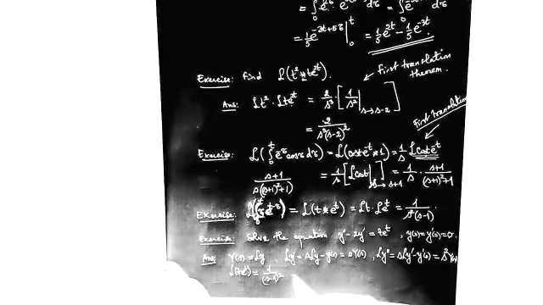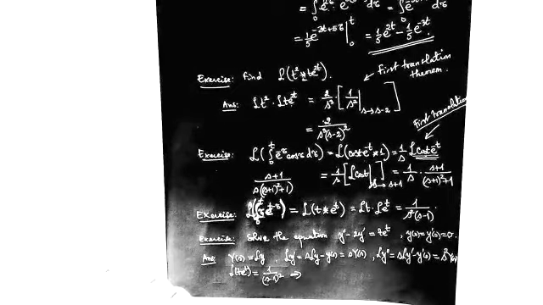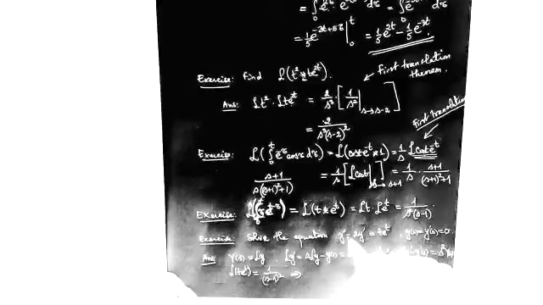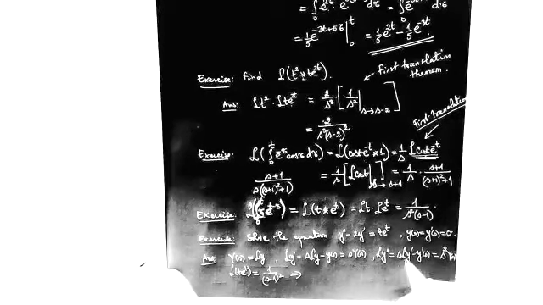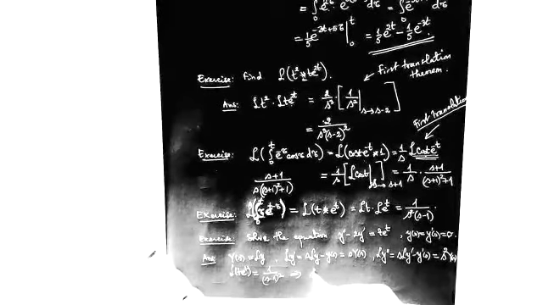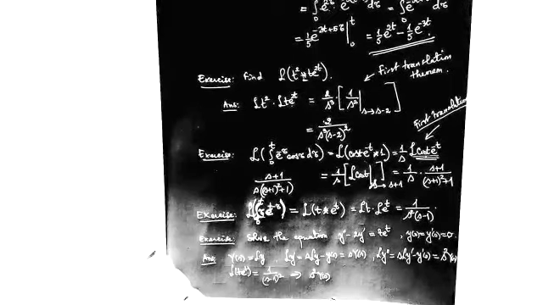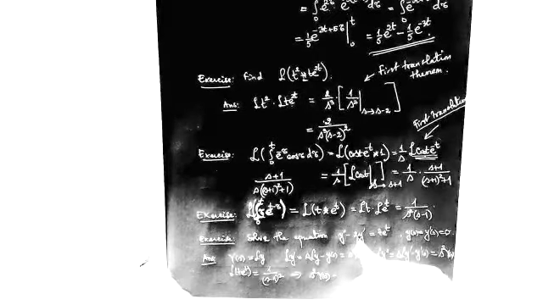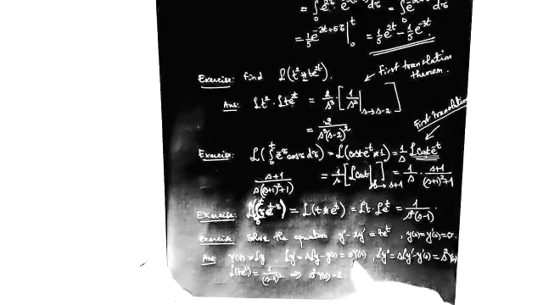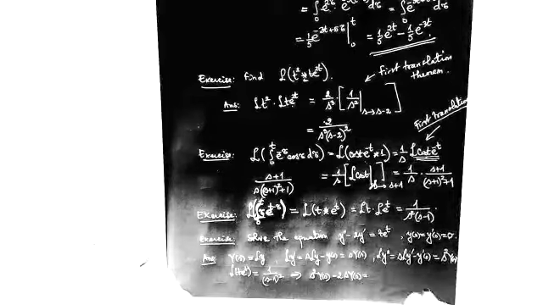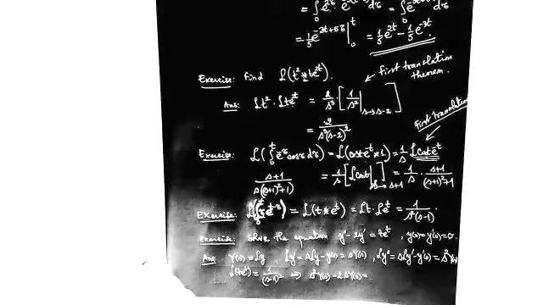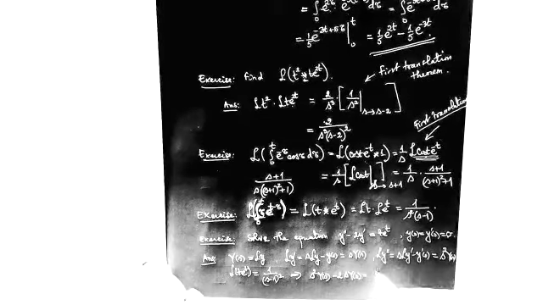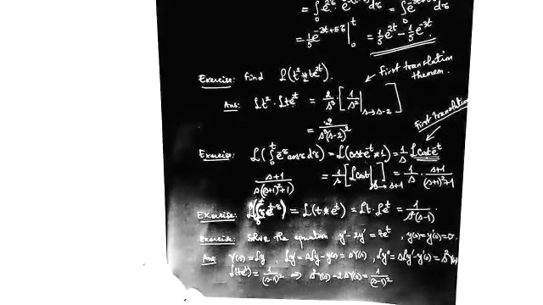So we replace all of that in the equation. We are going to have the Laplace transform of the second derivative, that's S squared capital Y of S, minus 2 times the Laplace transform of y prime, that's S capital Y of S, equals the Laplace transform of t e to the t, which is 1 over S minus 1 squared.